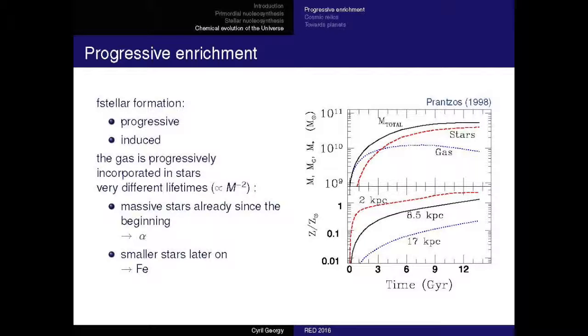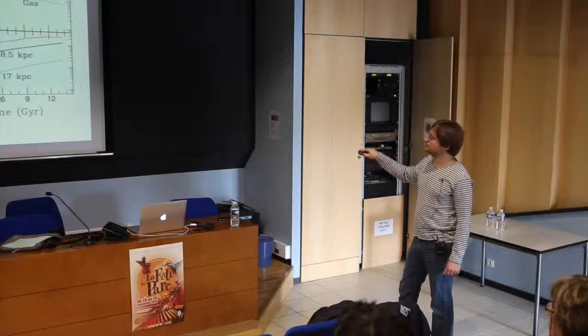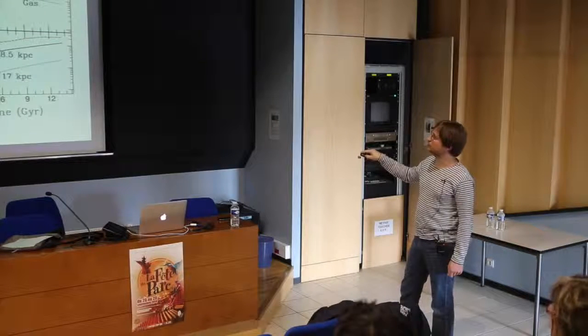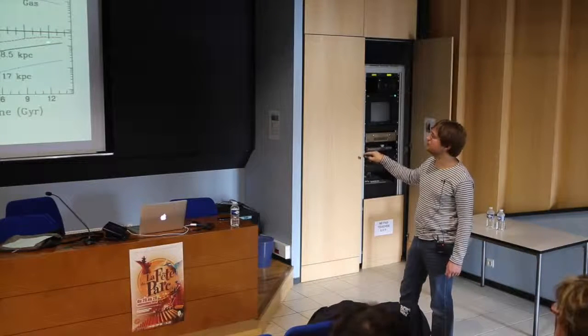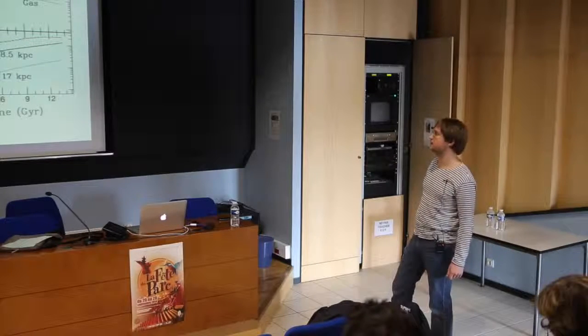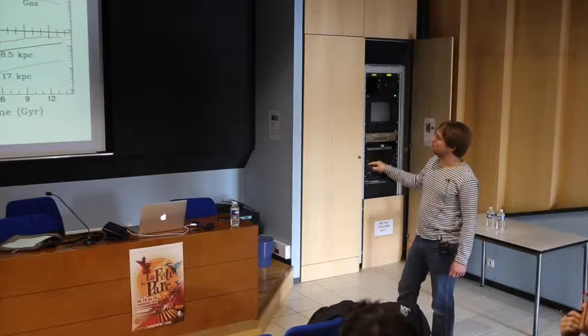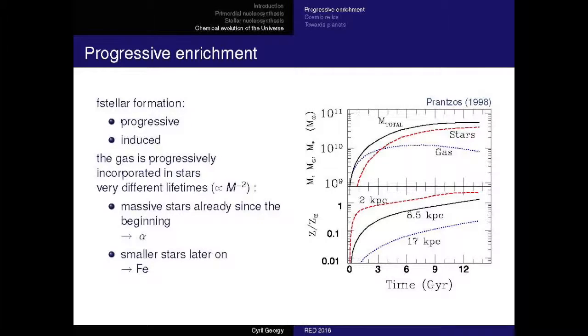And here are different locations inside the galaxy. This is for the inner region of the galaxy, these are somewhere in between, and here is, for example, the outside location inside the galaxy. And you see that the enrichment occurs at different speeds depending on where you are in the galaxy.